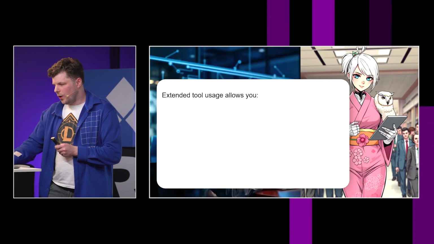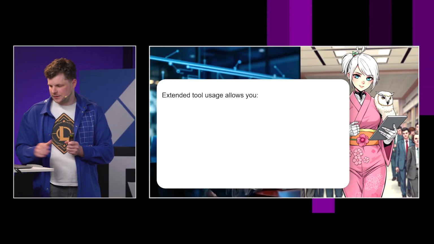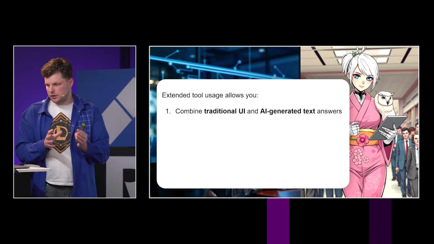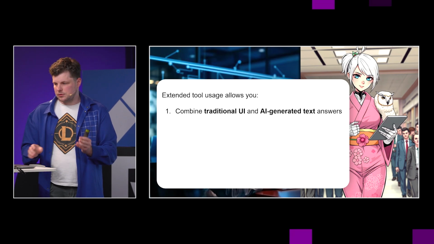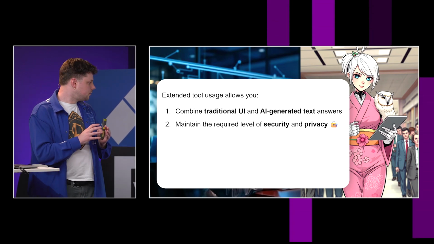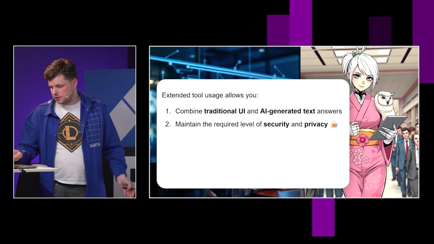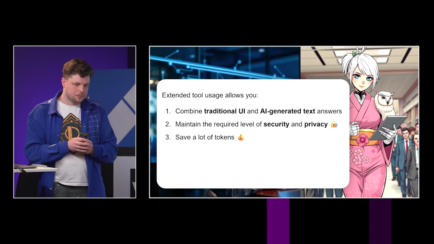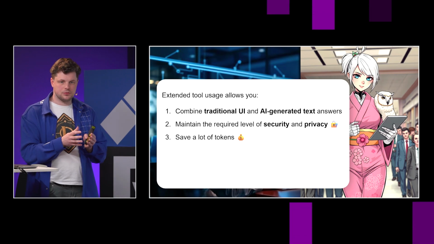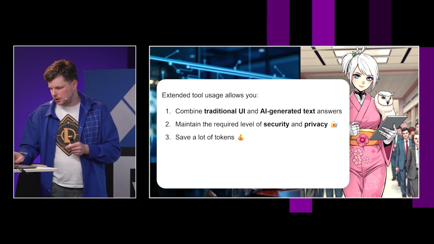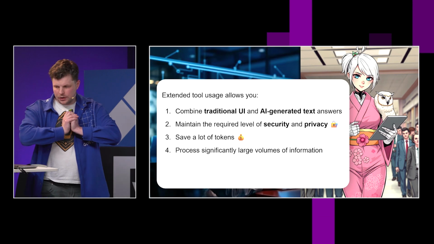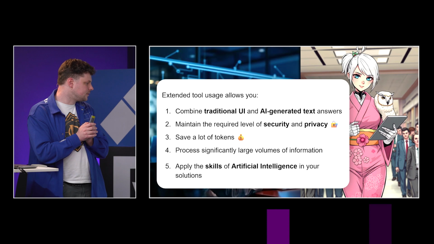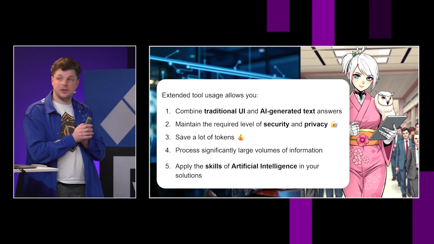So, what do we get in the end? You can combine traditional UI and AI-generated text, maintain required level of security and privacy, of course, save a lot of tokens, and with tokens your responses will be much more faster, process significantly large volumes of information, and of course, use skills of artificial intelligence in your solutions.